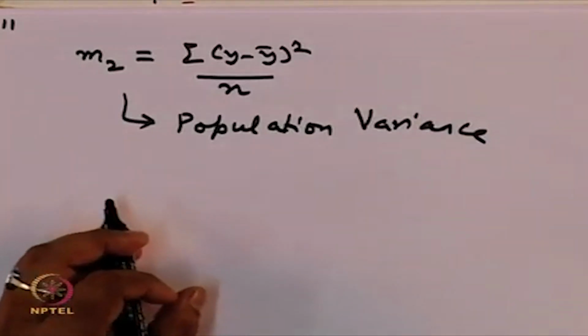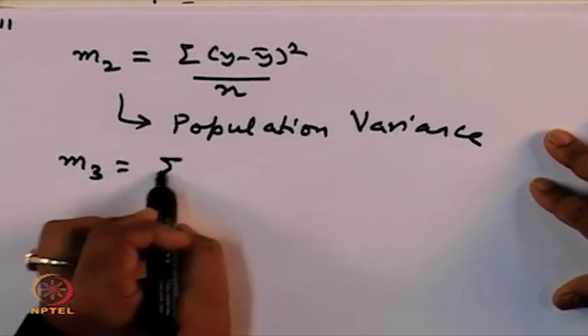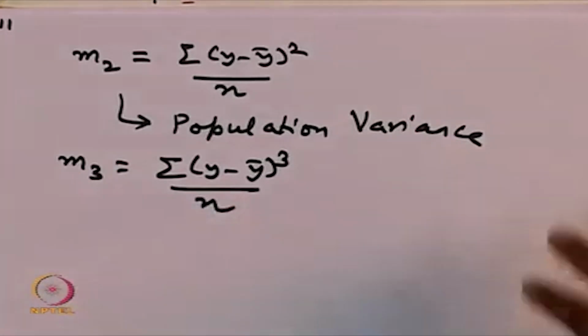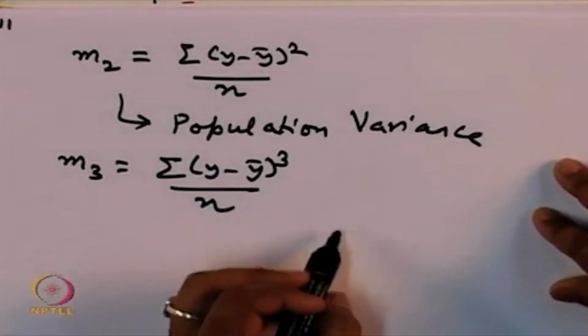Similarly, I can calculate m3, which is equal to the sum of (y minus y bar) whole cubed divided by n. Now let us consider a symmetric distribution.